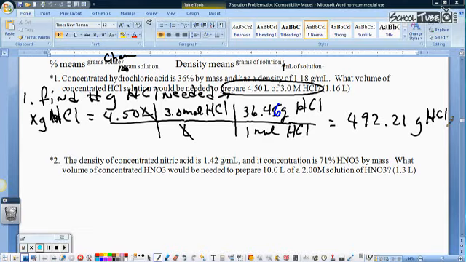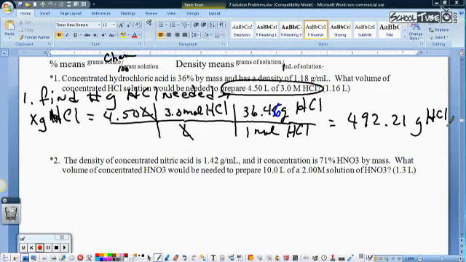Carry those numbers to the next level until you get to the final boxed answer, and the final boxed answer should be the correct number of significant figures. Whatever number's in our calculator at this point would stay in our calculator until we got to the end of the calculation. So don't round off too much in the middle of the problem. I kept 5 significant figures when I only needed 2, because I'm in the middle of the problem. I'm not where I want to be.